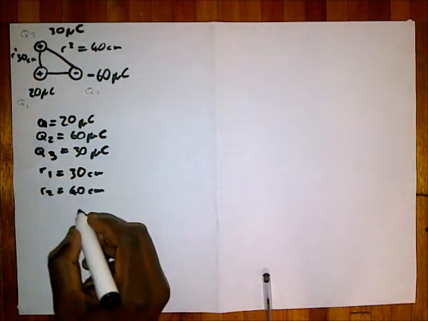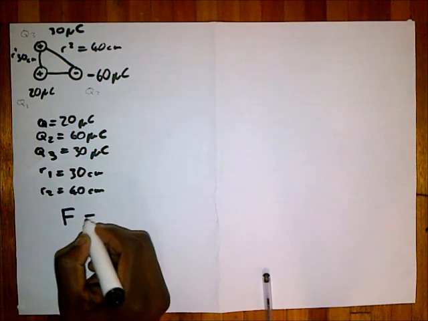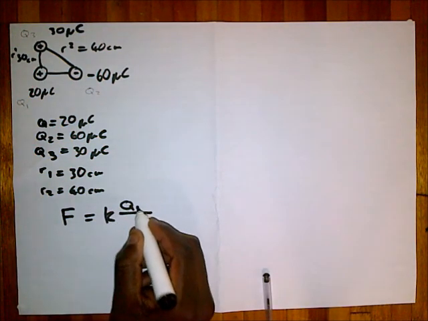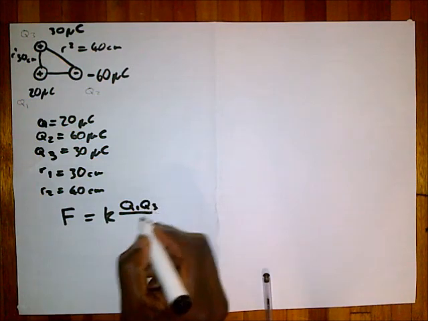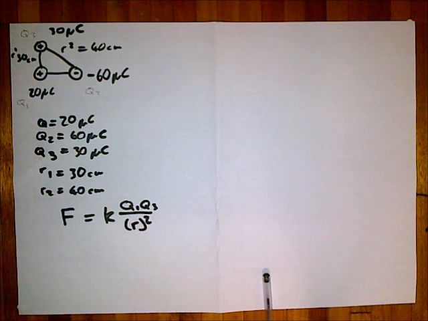So we're going to use Coulomb's law, which is F equals K Q1 times Q3 over the distance squared. When doing this, you have to start off by conceptualizing the problem. This is easier if you draw a free body diagram that shows all the forces acting on the object.